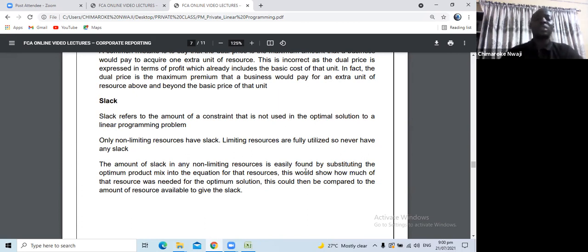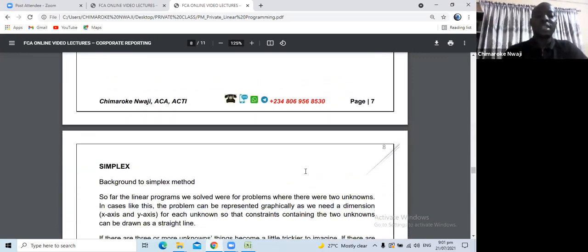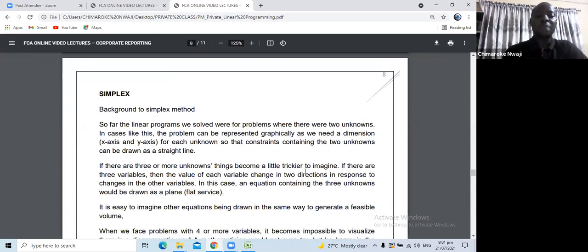Limiting resources are always fully utilized, so they never have slack. The amount of slack in any non-limiting resource is easily found by substituting the optimal product mix into the equation for that resource, and the answer will give you the slack. We'll be seeing all of that when we consider the simplex method.